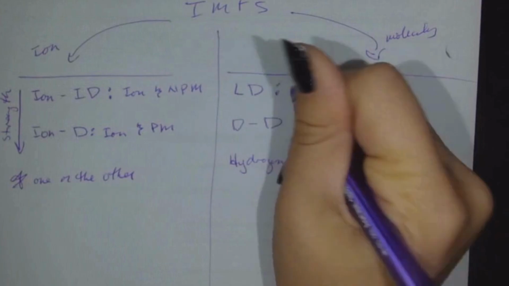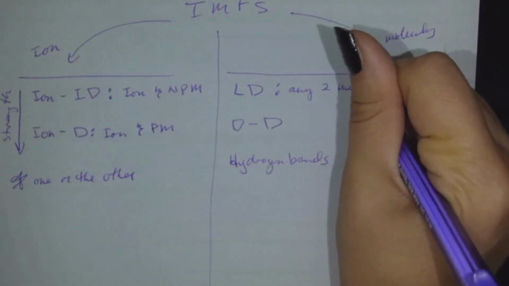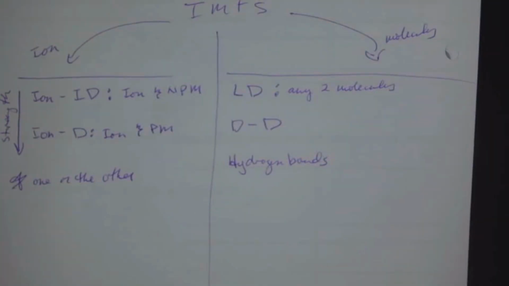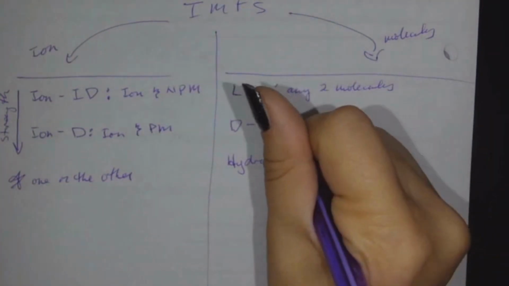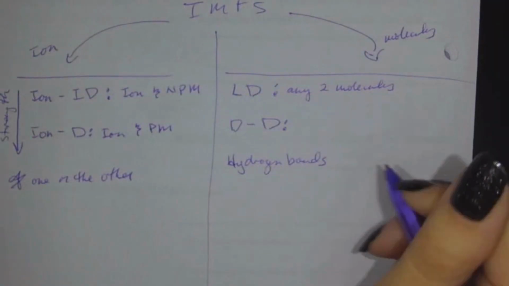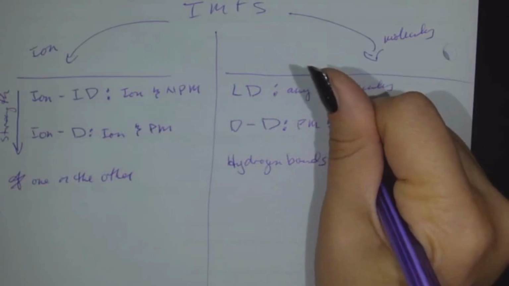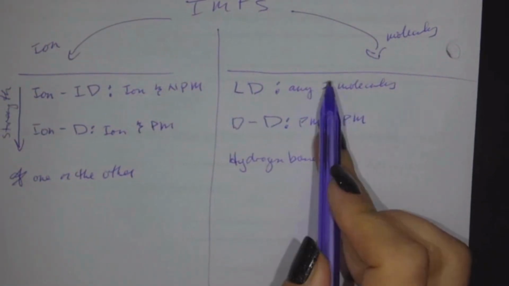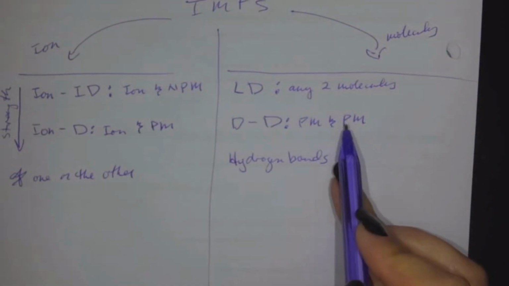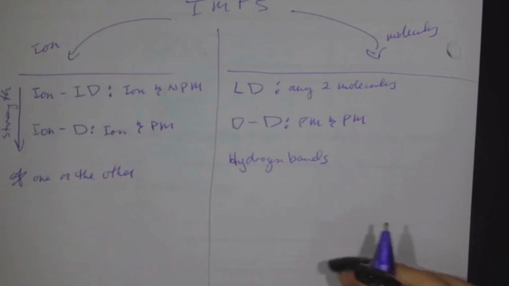London dispersion happens between any two molecules. It doesn't matter, any two molecules have London dispersion. Now, if they both happen to be polar molecules, a polar molecule and a polar molecule, then in addition to the London dispersion, there's also dipole. And then the last one is hydrogen bonding.